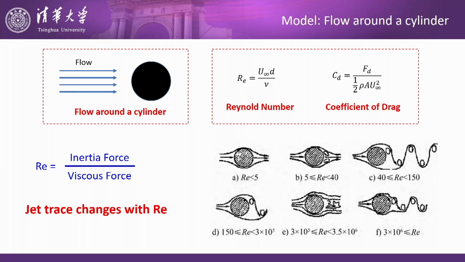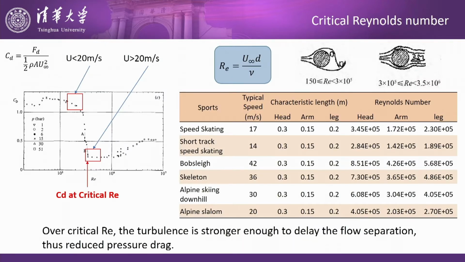So it's an important part here. From the coefficient of drag, we can see at a certain Reynolds number, it suddenly dropped a lot. Because here, we have this laminar flow and the separation.